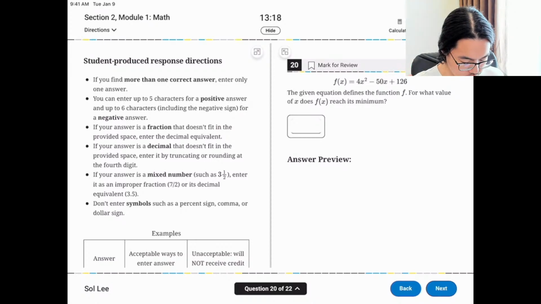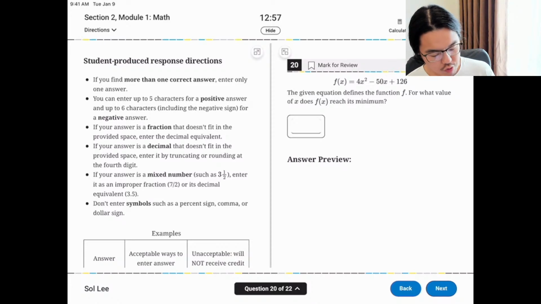The given equation defines the function f. For what value of x does f(x) reach its minimum? Well, the minimum has to be where the minus 50x is the strongest of all things.